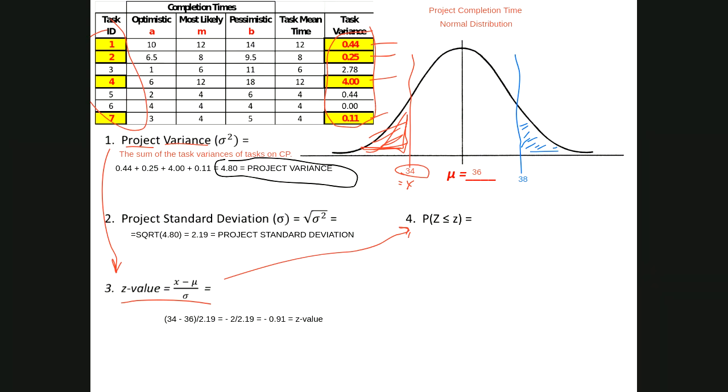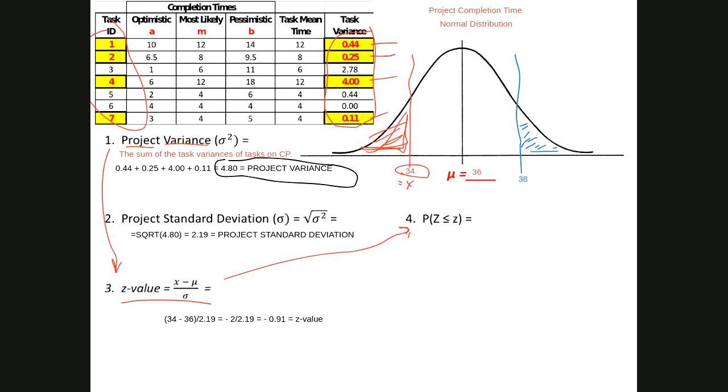area. And so what we're going to do is find in our table of normal distribution, I'm going to show you that in a minute, but what we want to calculate next is the probability that z is less than or equal to negative 0.91.